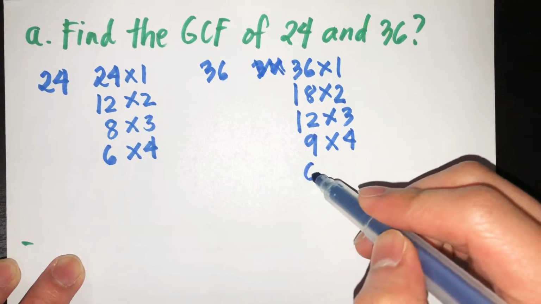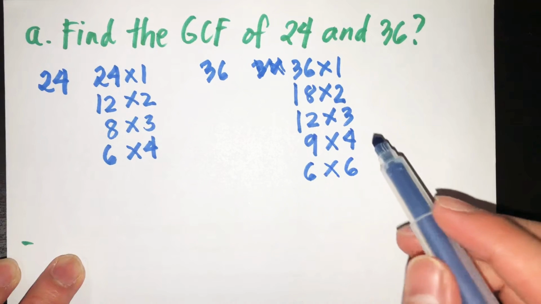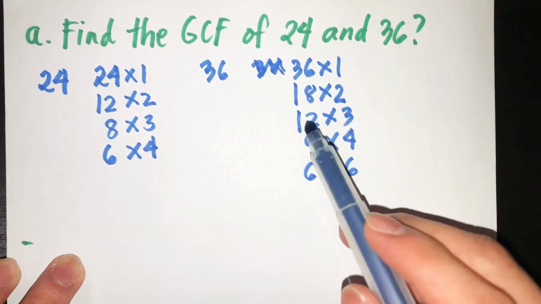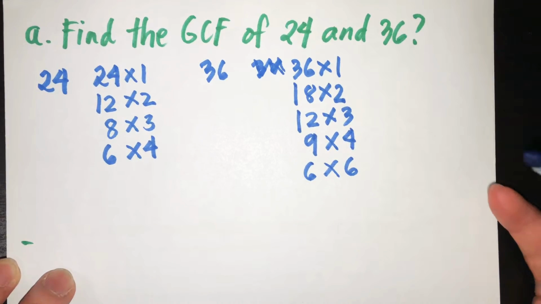Then we have 6 times 6. Then so on, we can have 4 times 9, 3 times 12, 2 times 18, and 1 times 36.